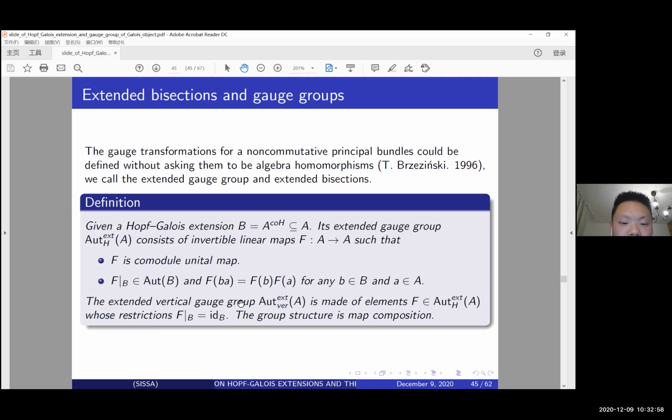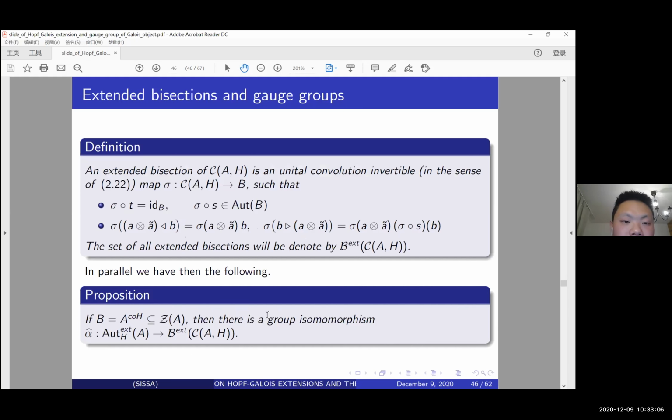And similarly, there is also the vertical version with the restriction that F restricted to B equals the identity on B. Okay. And similarly, there is also an extended version of bisection, which is a unital convolution invertible map, so which is automatically invertible. And it again satisfies the composition of T with sigma equal to identity, and the composition of S with sigma belongs to automorphisms on B, and it is also right bilinear and left bilinear.